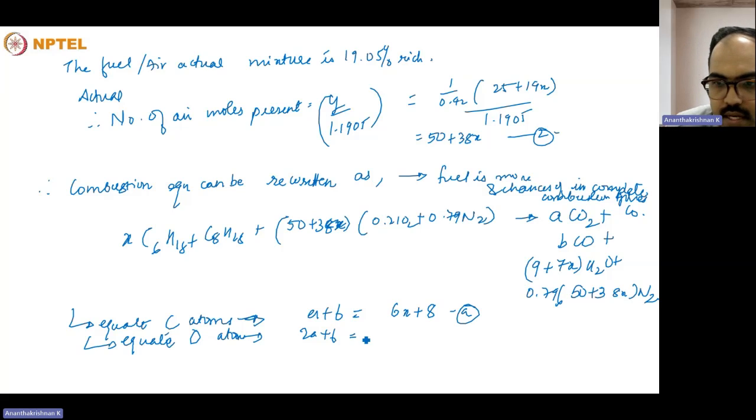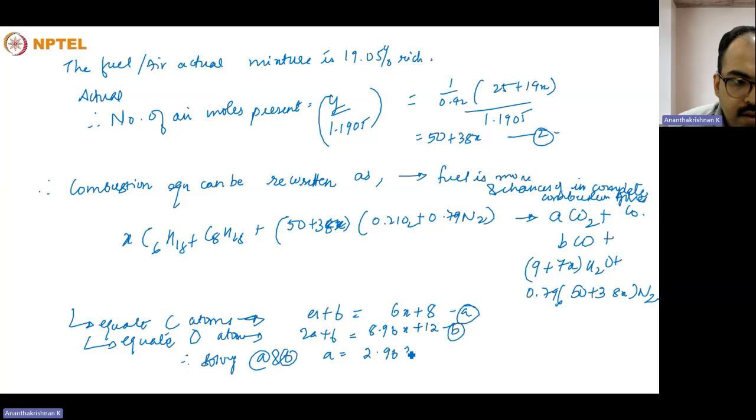So solving this, we get 8.96x plus 12. Therefore, solving for A and B, we get A equal to 2.96x plus 4 and B equal to 3.04x plus 4. So everything we can write in terms of x.